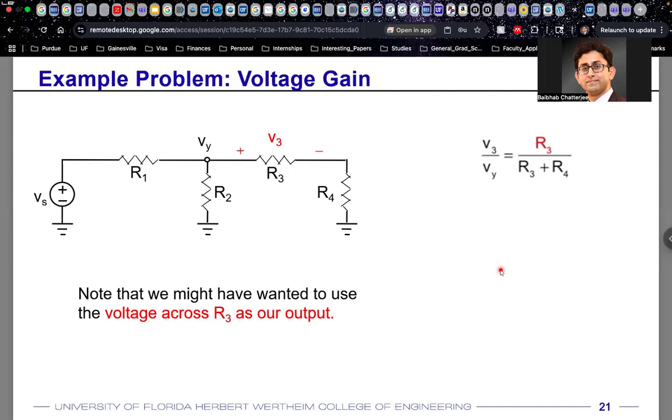In that case, you would write VO2 as R3 divided by R3 plus R4 times Vy. Now again, you already know your value of Vy, so you can find it out as a function of Vs and all other resistances. But the important thing to note here is your VO2 is directly proportional to R3 because VO2 is the voltage developed across R3. Okay, so depending on which voltage is your output voltage, you may want to choose your voltage divisions carefully.